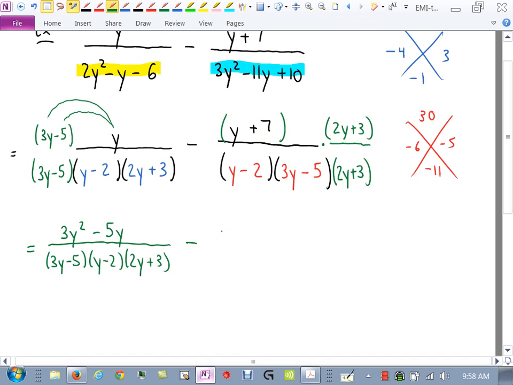So we'll have 2y squared, plus 3y, plus 14y, plus 21, all over the LCD, which again is exactly the same as the other one.